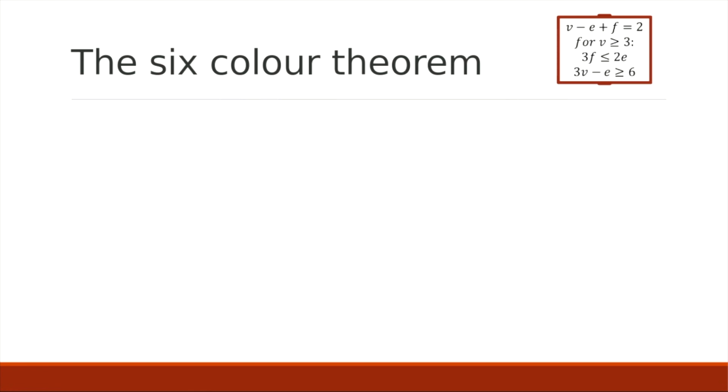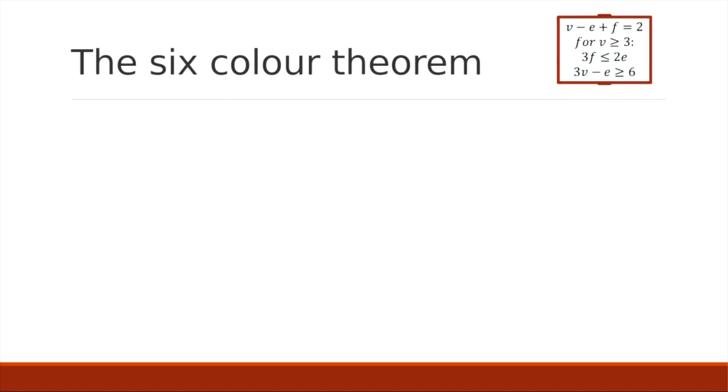What we are going to do is use 2 different methods of proof. We are going to do induction, and then later on we are going to do a contradiction within that induction. I should have stated what the 6-color theorem is.